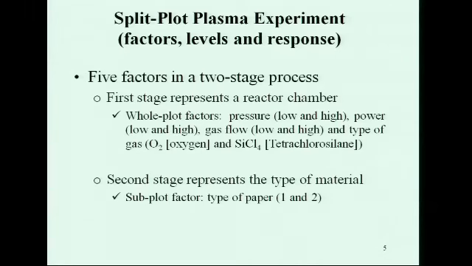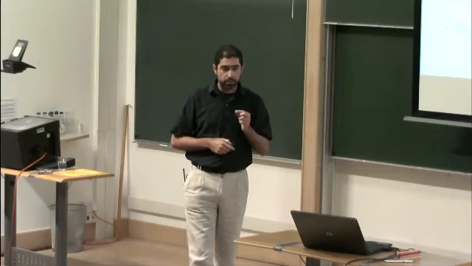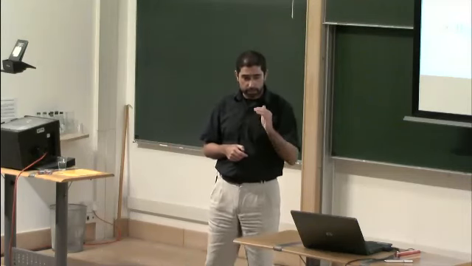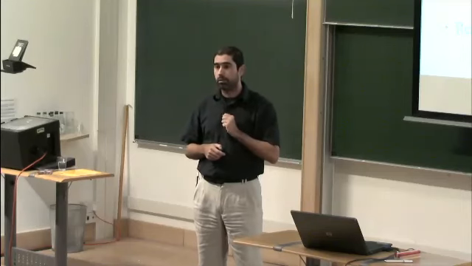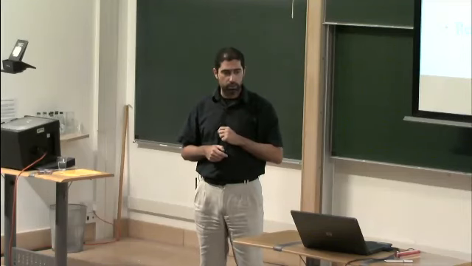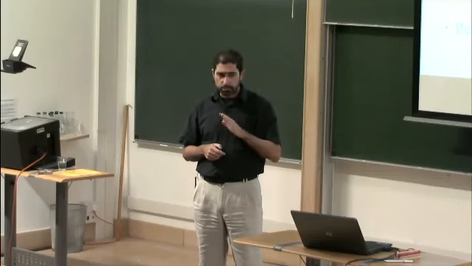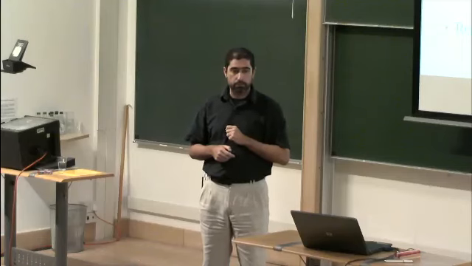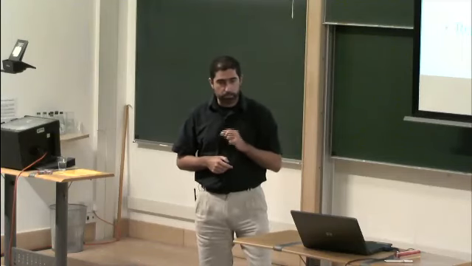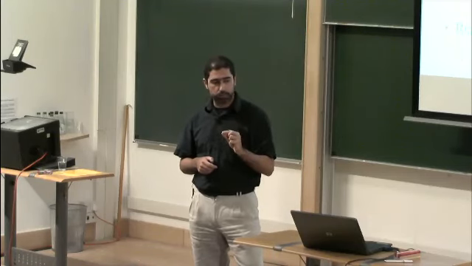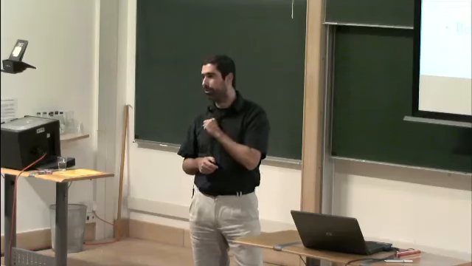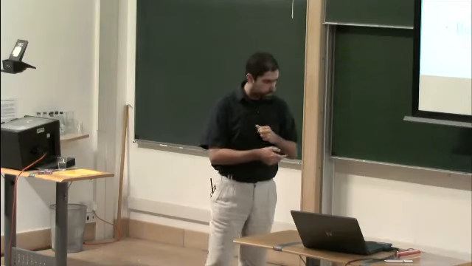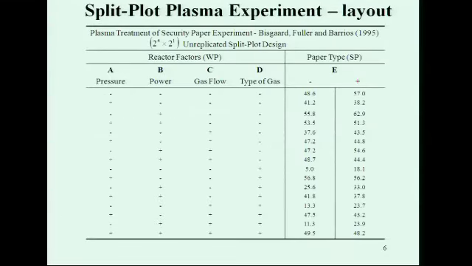The response variable they called wettability, which consists of placing a droplet of a specific liquid on a paper surface, and somehow with a microscope they were able to measure the contact angle between the droplet and the paper surface. And with that, they observed the 32 responses.